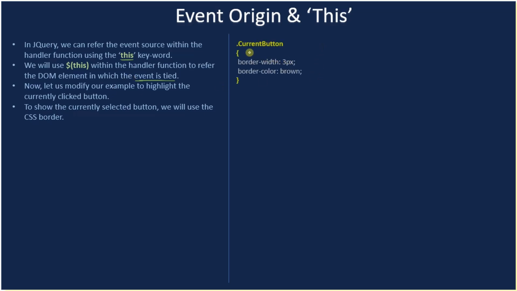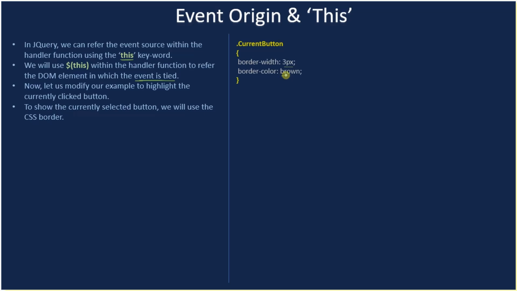And if you see, we define a rule called .currentButton with a dot. That means at runtime we can use a class attribute, class equal to currentButton, using the jQuery method addClass, and we can remove that class attribute using removeClass. And the rule for this currentButton is border width 3 pixels and border color brown.